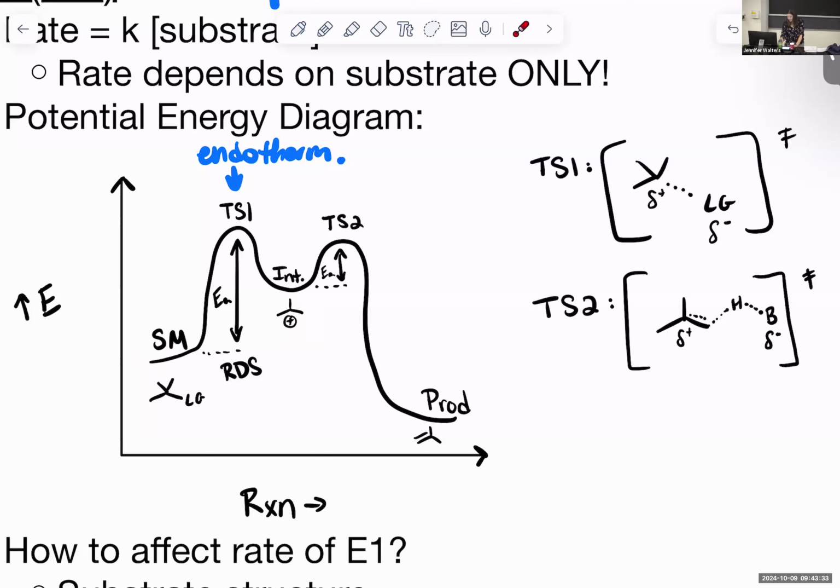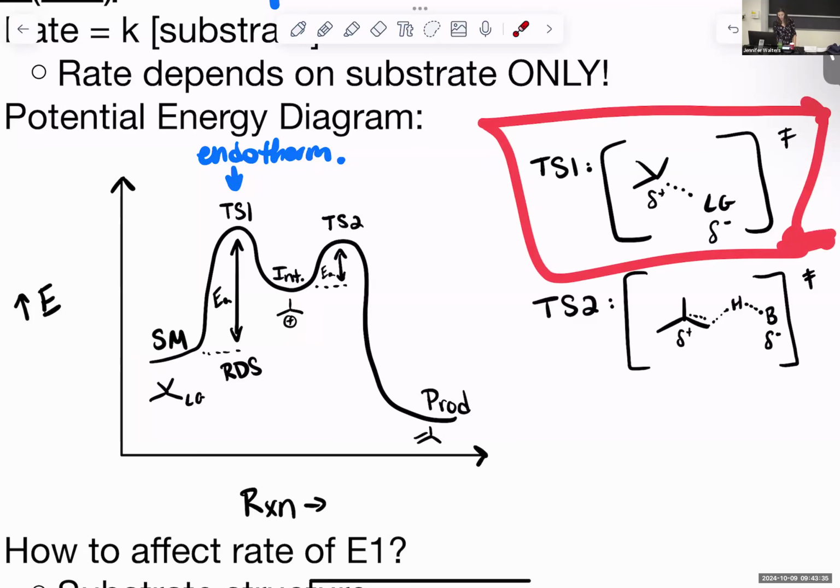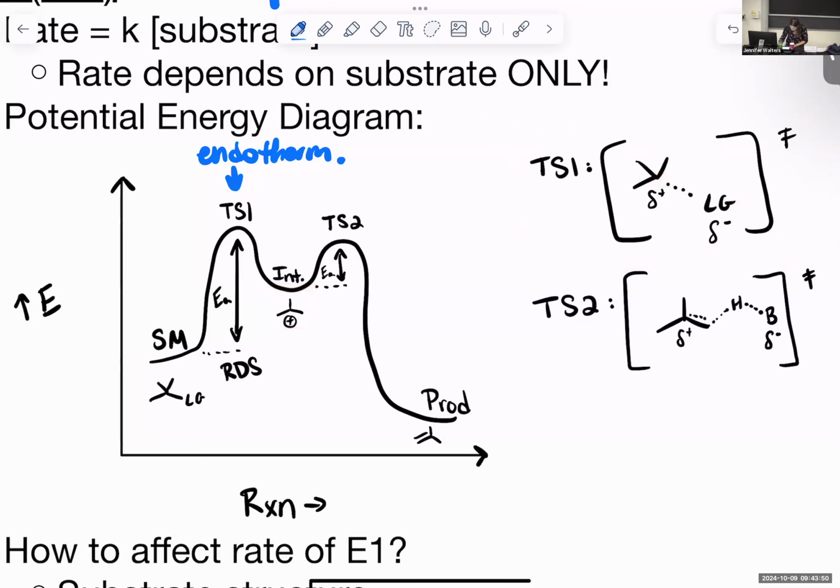So then your transition state, anytime you're making a carbocation, you'll always be able to know that it's going to be a late transition state. You always need to look more like your product of that step. So we're going to get a partial positive on that carbon, partial negative on the leaving group because it looks more like the carbocation that exists. And I know that this is going to be a long bond because it looks more like the thing where the bond doesn't exist.